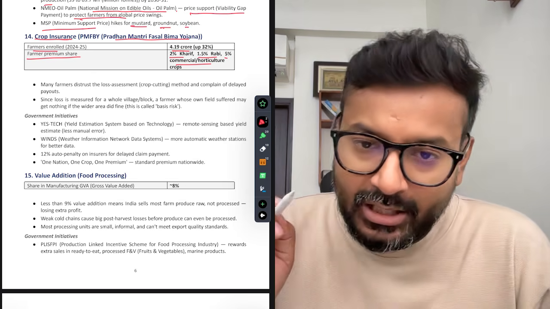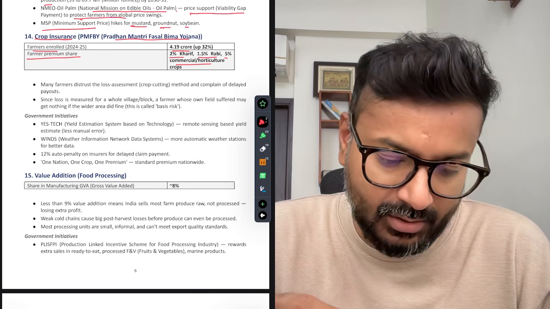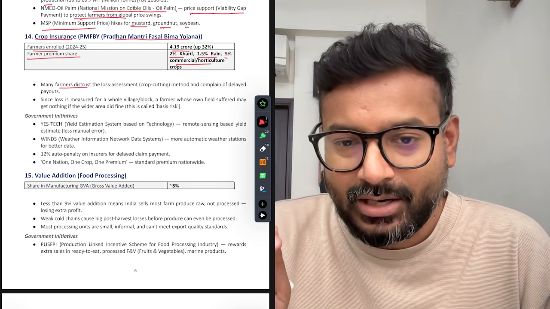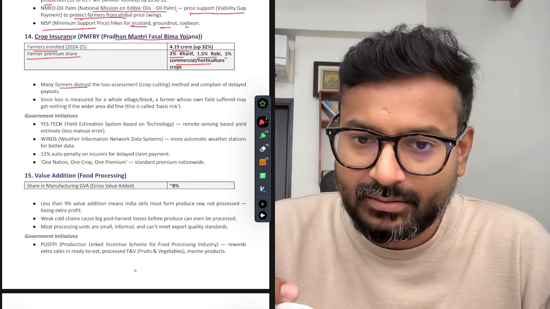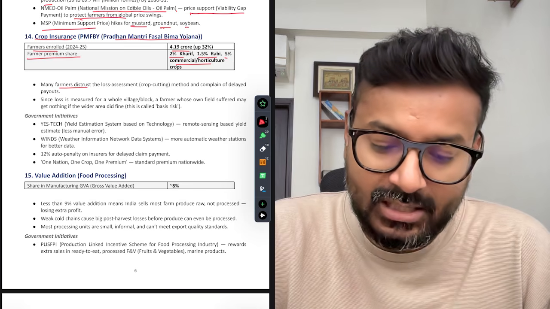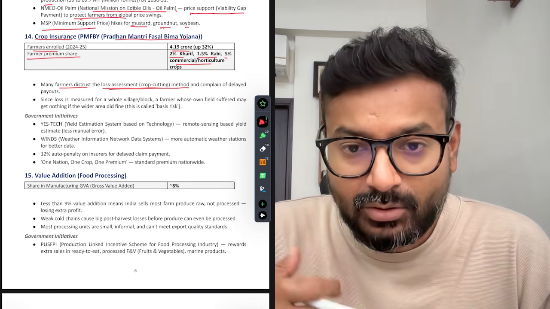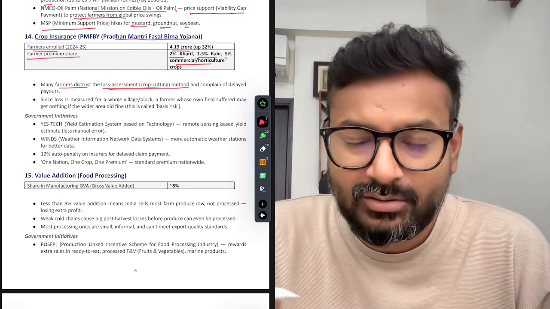Okay. Now the issue with Pradhan Mantri Fasal Bima Yojana and other insurance programs is that there is farmers' distrust. Farmers don't trust the process through which they do loss assessment. Okay. Loss has to be assessed to pay the farmers when there is crop loss, right?